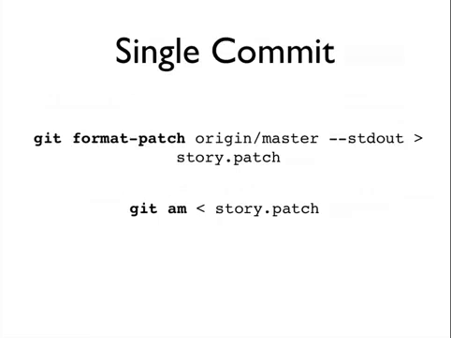So the other way that you can generate and apply a patch is through format-patch and git-am, which makes an email formatted patch, something that can be sent over email easily, and that retains the commit message and the author name, email, and date. So git-am will actually create a new commit and retain the commit metadata.